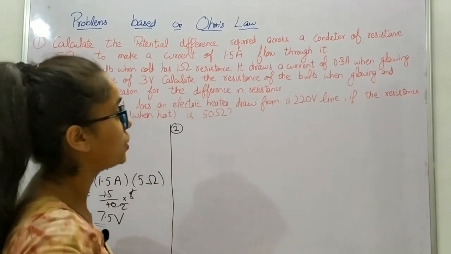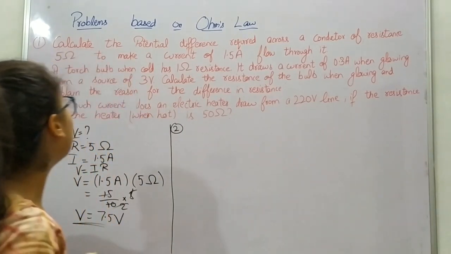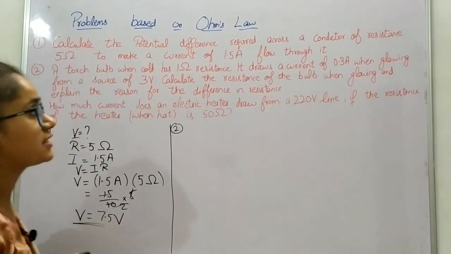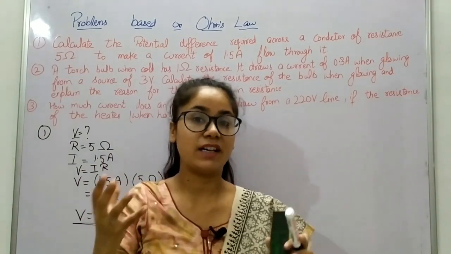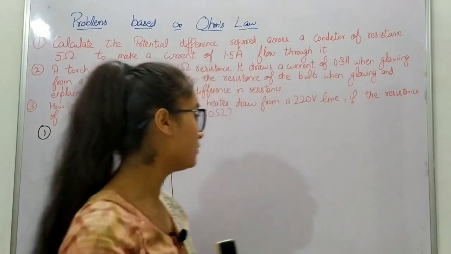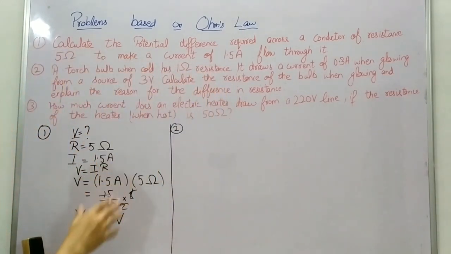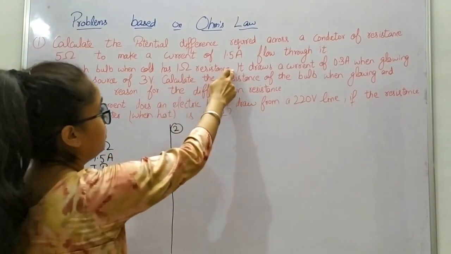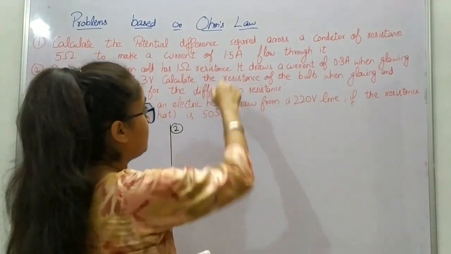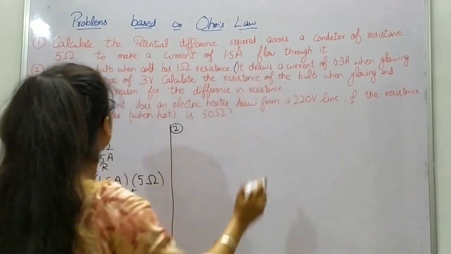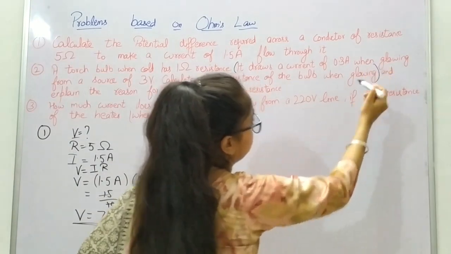Calculate the resistance of the bulb when glowing and explain the reason for the difference in resistance. So we have to answer one more question after finding the resistance. Okay, so we're going to skip this one part for a little bit of time. We're going to solve this part first.